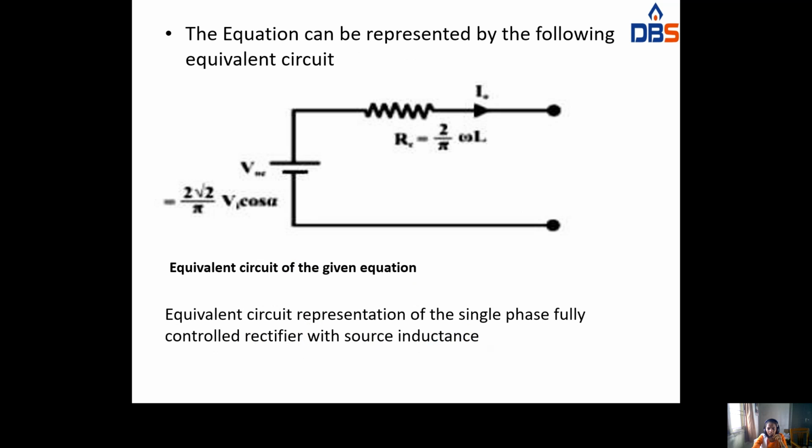So this equation can be represented in the following circuit. V naught equals 2 root 2 by pi Vi cos alpha, and here R equals 2 by pi omega L. So this is the equivalent circuit representation of the single phase full controlled rectifier with a source inductance.